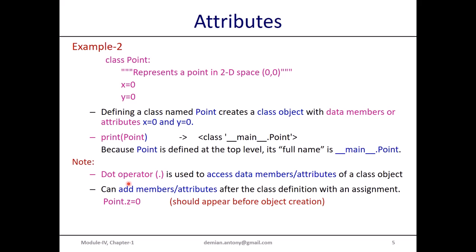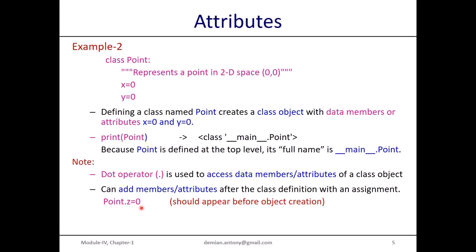You can also add attributes at any point of time by using this dot operator. So far we had only two attributes x and y. You can add one more attribute to a class called point by writing point.z equal to 0 or z equal to any other value.